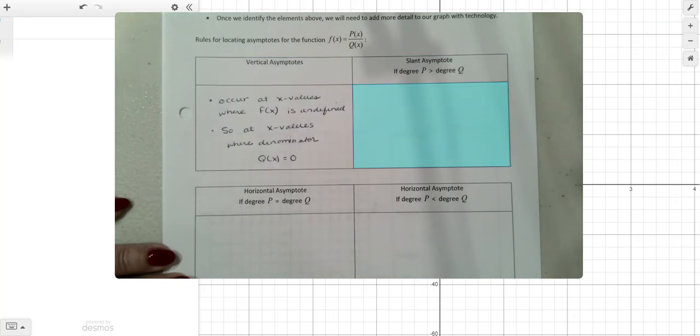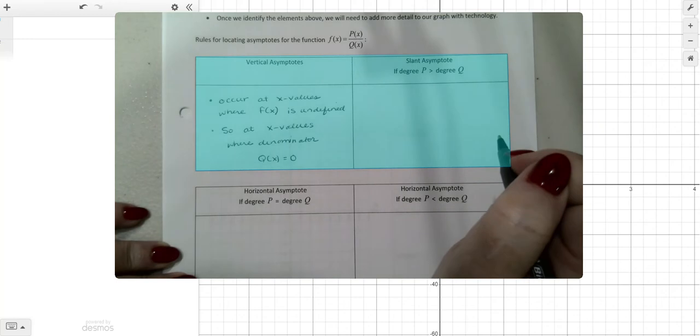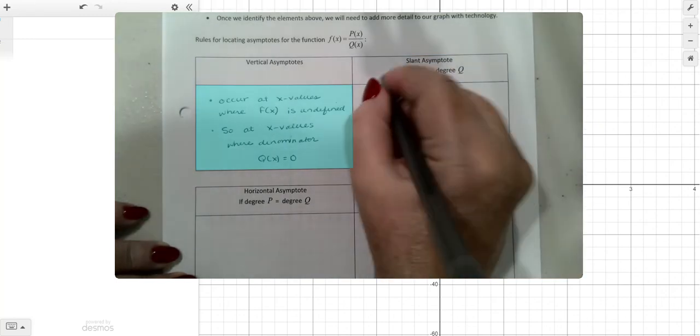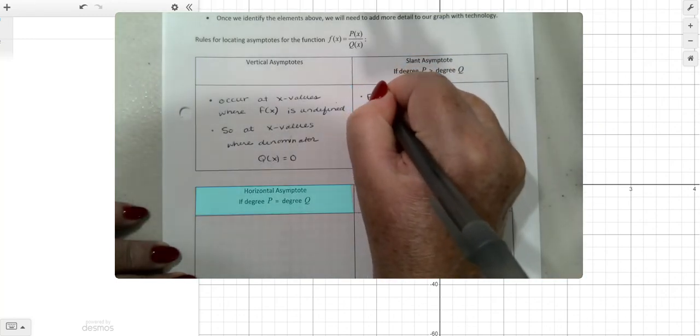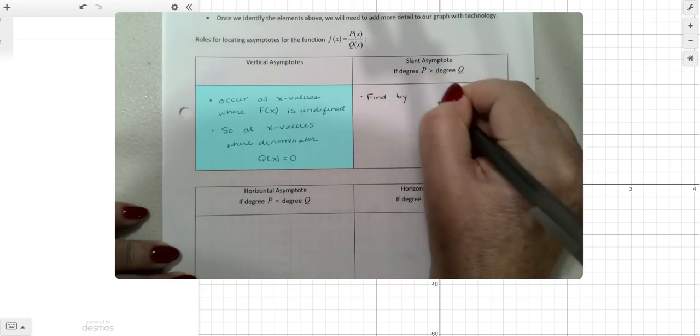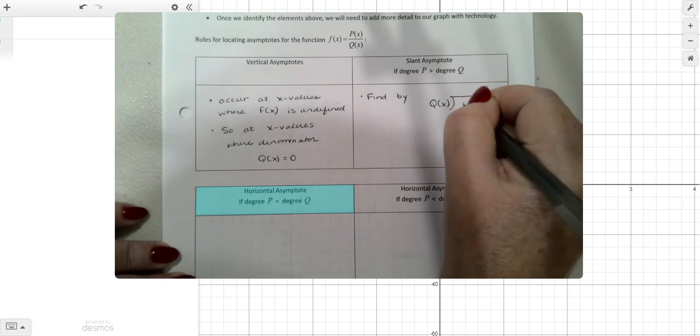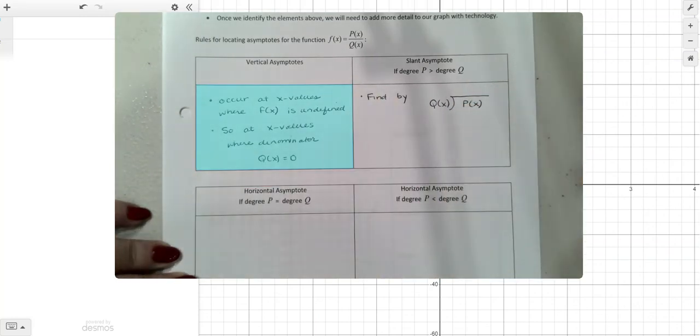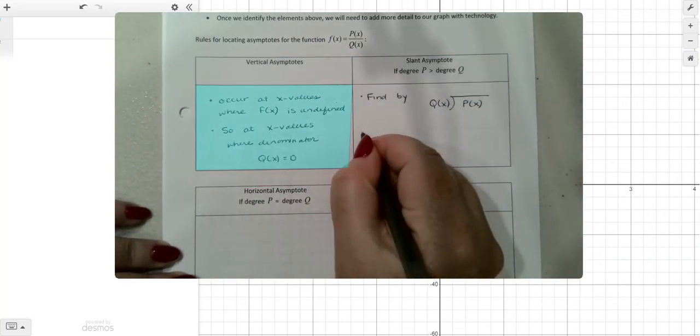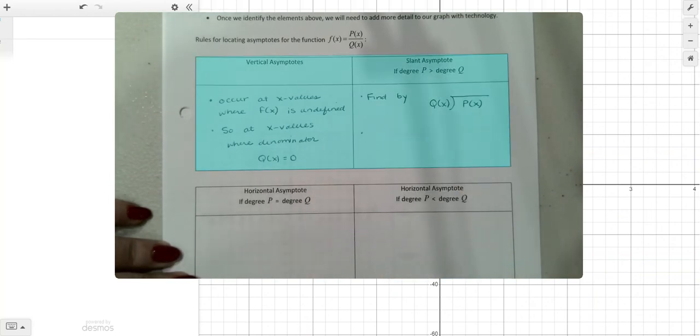The way to find that slant asymptote is by long division. So we find this by dividing q of x into p of x. Our slant asymptote is just the quotient. We can ignore any remainder.